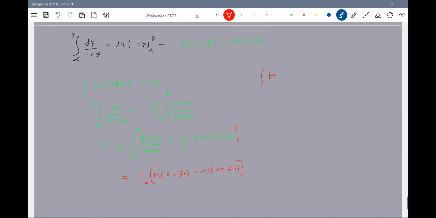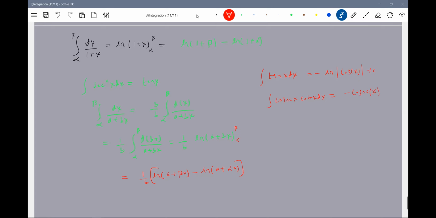Integral of tan x dx is equal to minus of log of cos x, and that integral constant you bring. Then integral of cosecant x cot x dx should be minus of cosecant x.